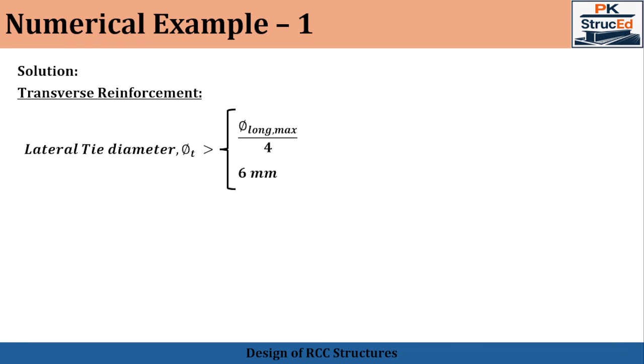In no case should it be less than 6 mm. Here we provided the maximum diameter as 25, so 1/4 of 25 is 6.25 mm. Therefore, we need to provide a lateral tie diameter greater than 6.25. So the next diameter of bar available in the market is 8 mm.